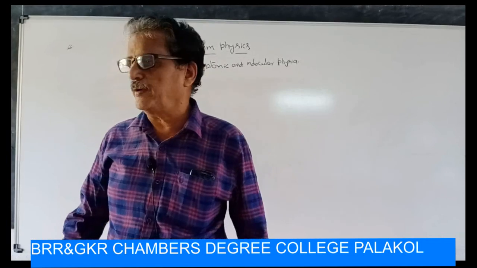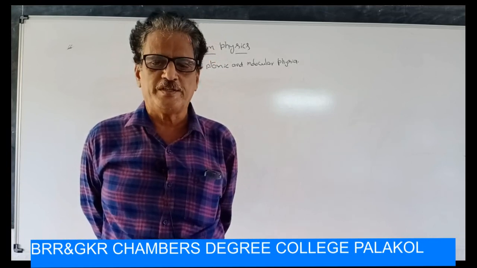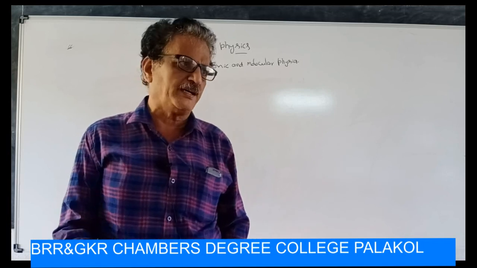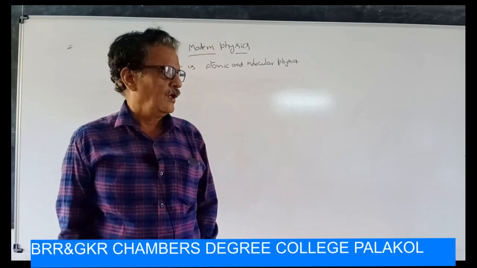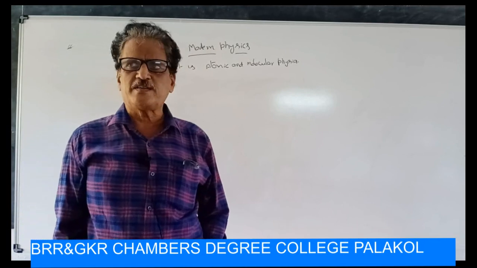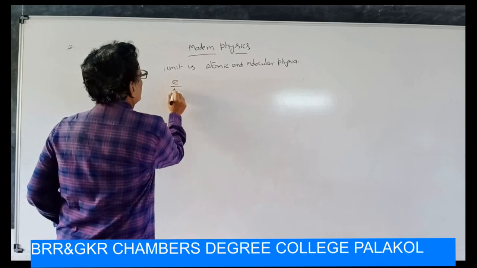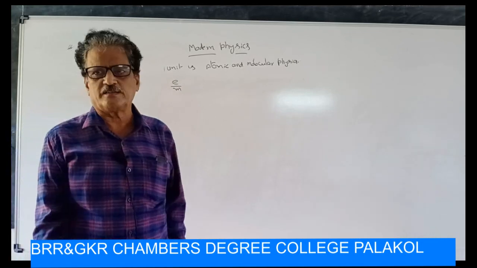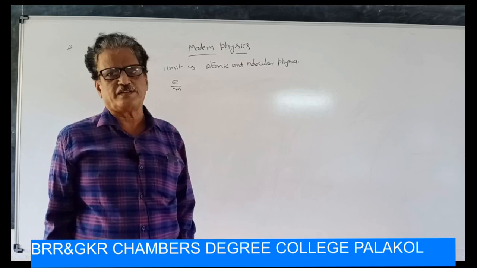Later, the electron charge was discovered by Millikan. In order to determine the charge of the electron, Millikan did this experiment and repeated it about 20,000 times. Also, the specific charge, that means e by m, charge per unit mass, of the electron is determined by J.J. Thomson.